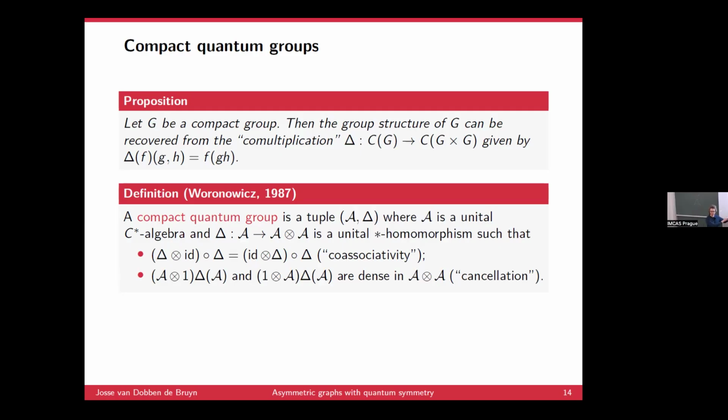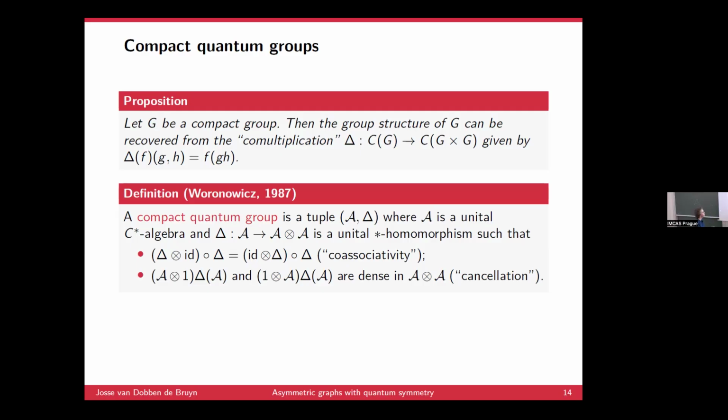So there's some completion going on there. And it needs to satisfy properties that are like somehow the adjoint of the properties of group multiplication. So you need to have co-associativity, which is this first equation, and then some kind of cancellation property, which is the second one. I won't go into too much detail here.